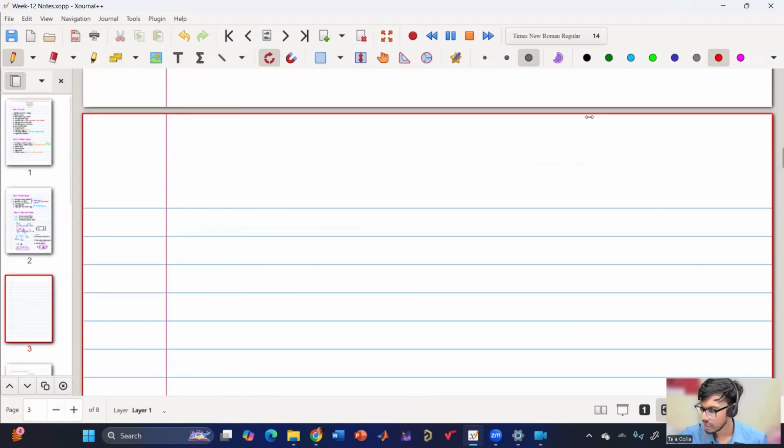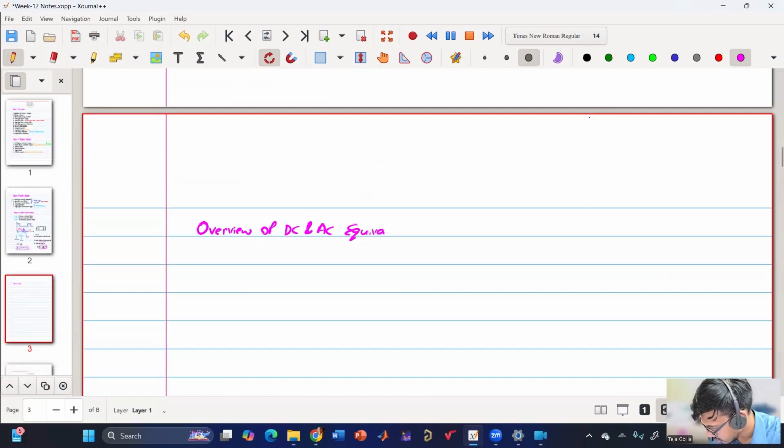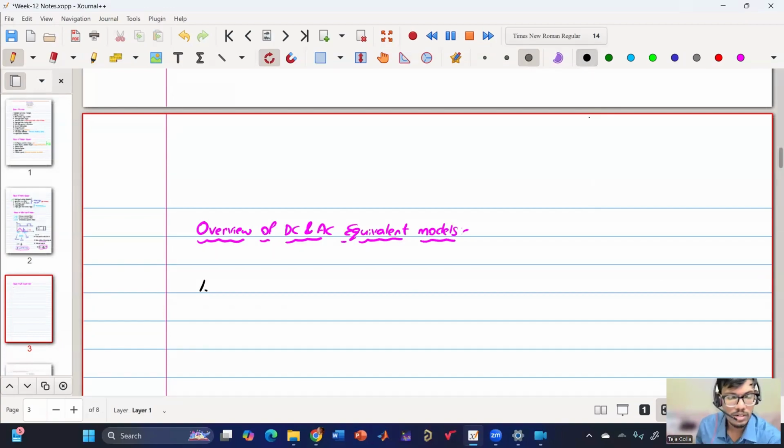Okay, so now let me quickly summarize the DC and AC equivalent models that we got. Using circuit averaging, state space averaging, or the average switch model, we got the equivalent circuit model, right?